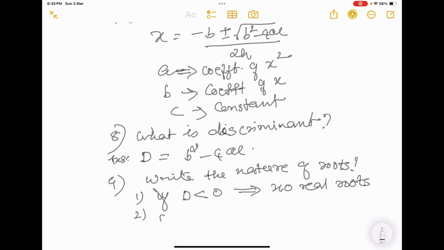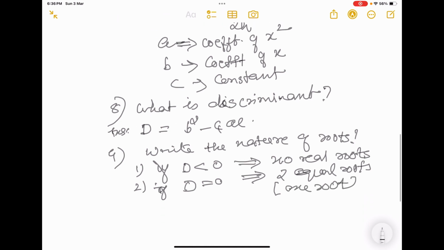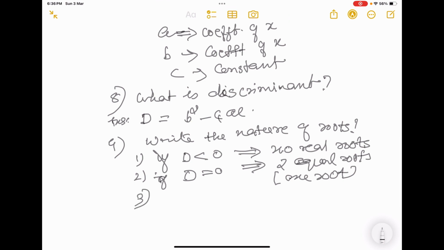2. If d equal to 0, 2 equal roots, or that is one root. 3.